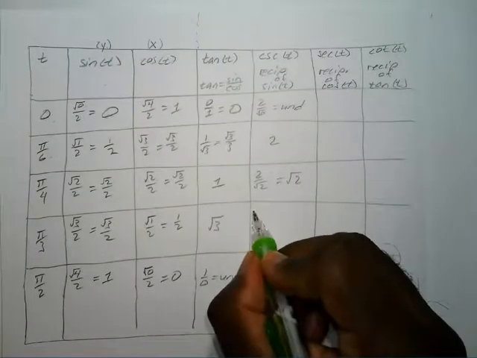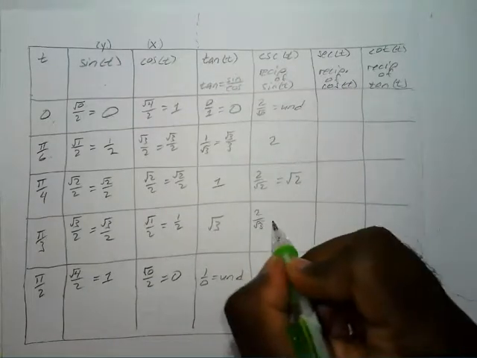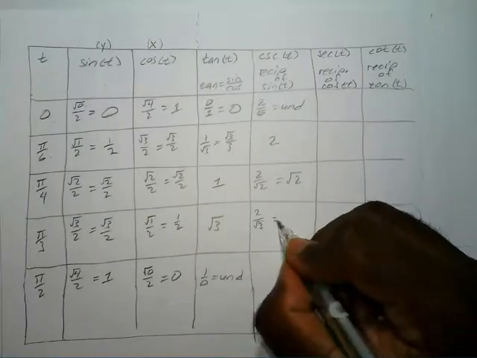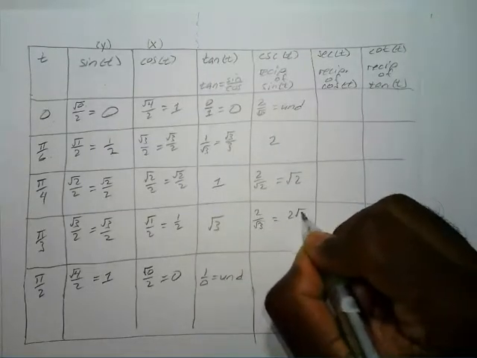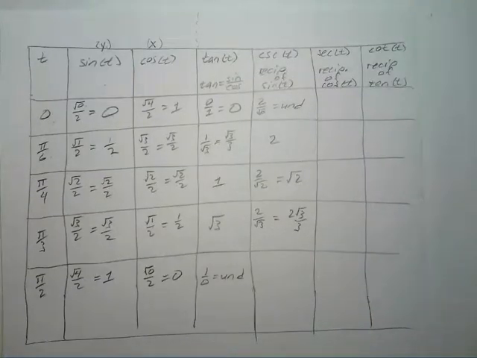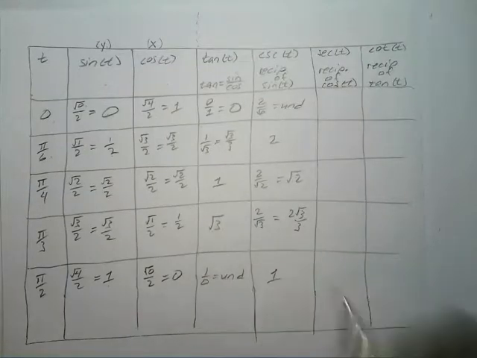The reciprocal of that is 2 over square root of 3. So if you multiply this by square root of 3 over square root of 3, you end up with 2 square root of 3 over 3. Alright, and of course the reciprocal of 1 is just 1 again, so we just leave that as 1.